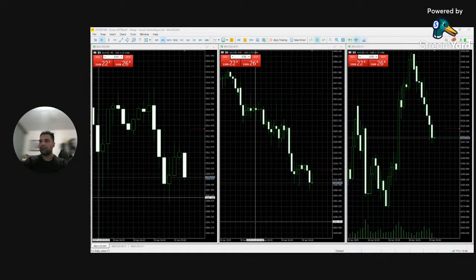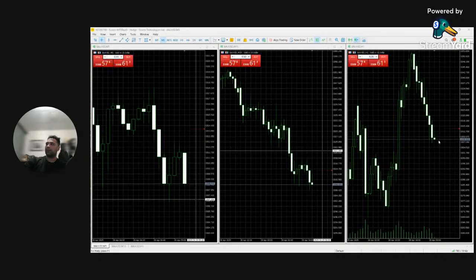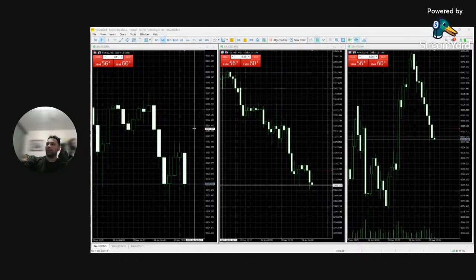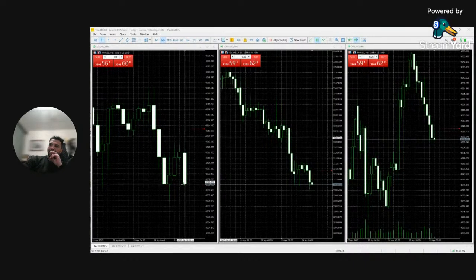Two minutes left to close the 15-minute bar. This is the last candle for the 15-minute bar, and we can see a beautiful sweep happening right in here. So a new 5-minute bar might develop a little bit on the upper side again, and let's see if we can get a downside move.